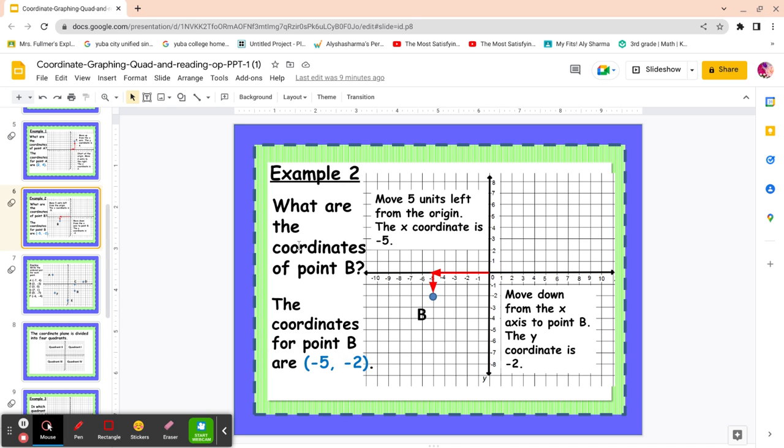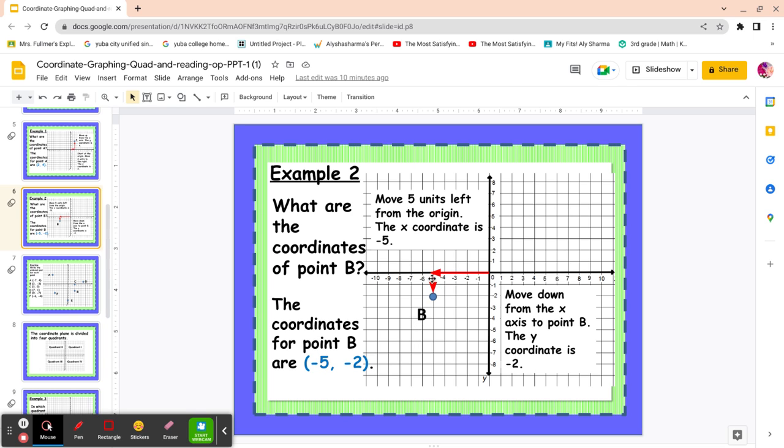Example 2, what are the coordinates of point B? The coordinates for point B are -5, -2. First of all, we want to know that both the negatives would be on this side. Here and here. This is where they're going to meet. So the coordinates for point B are -5, -2.